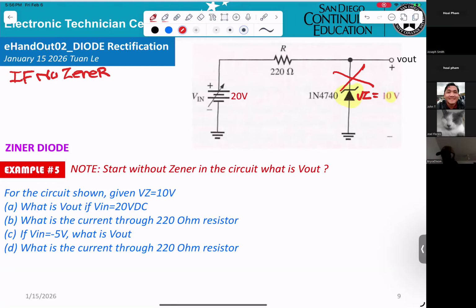Then what is V out? Forget about the zener here. What is V out?